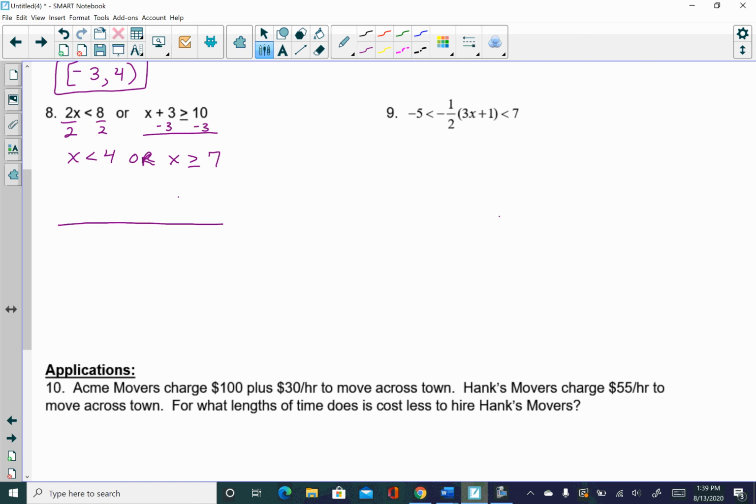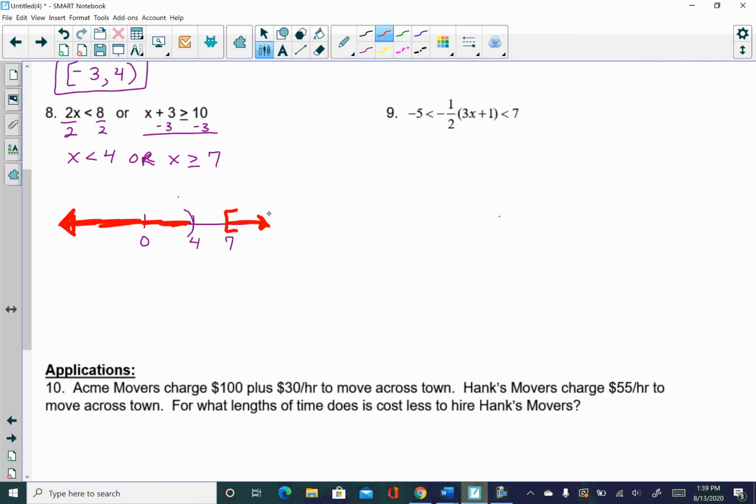If we think about a number line then, I've got 0, 4, and 7. 4 is going to have a parenthesis, and notice how it's pointing to the left. So I'm going to be shading to the left. So it looks like that. 7 is going to have a bracket. It is pointing to the right. So I'm going to be shading to the right.